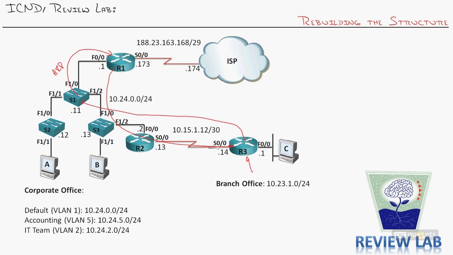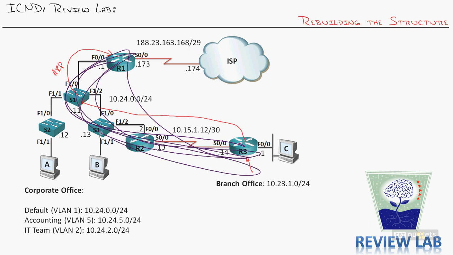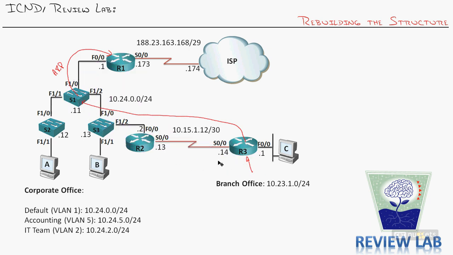Now, this packet flow is not efficient. So what router 1 is actually going to do is send an ICMP redirect message.